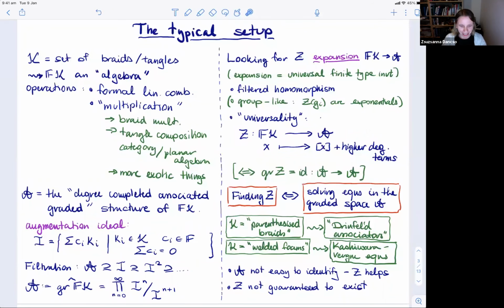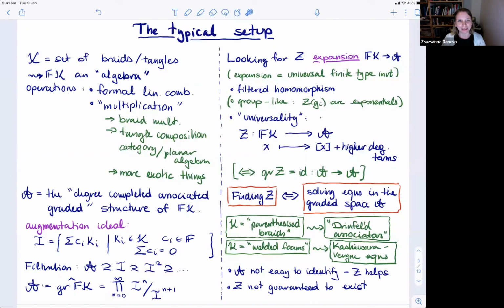And an interesting fact is that many different structures in knot theory, such as the braid group is a group, tangles can be given a planar algebra structure. There's a category of parenthesized tangles. There are knotted trivalent graphs, which have a finitely presented algebraic structure of some weird kind. And what I'll be mostly talking about is welded tangles of various kinds, which have yet a different algebraic structure called the circuit algebra. All of these are finitely presented.